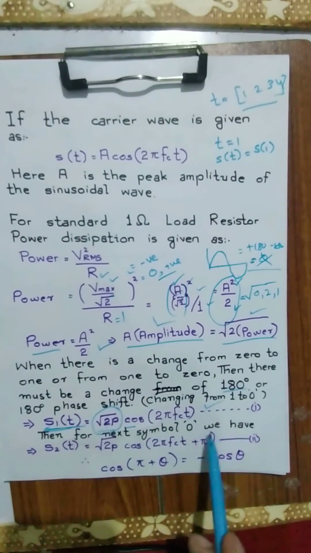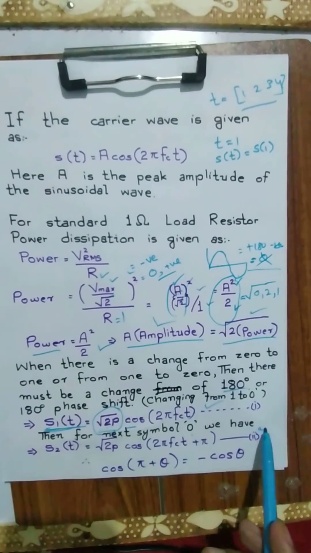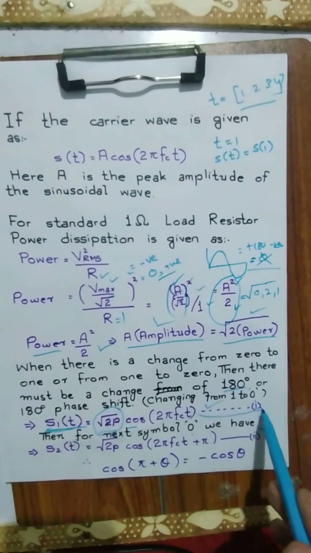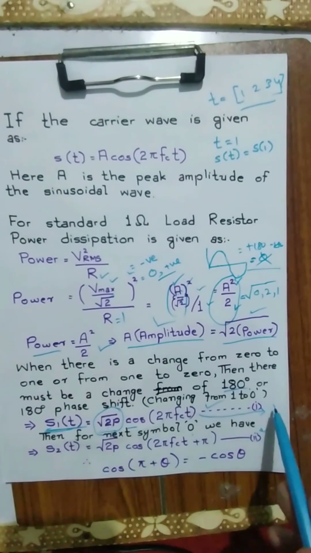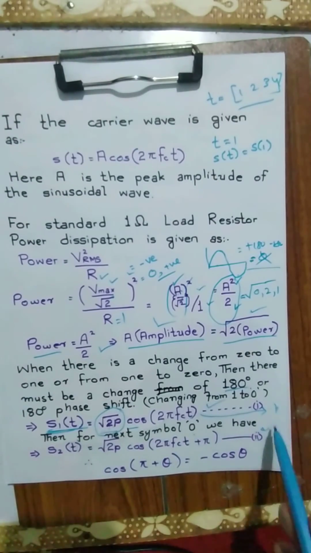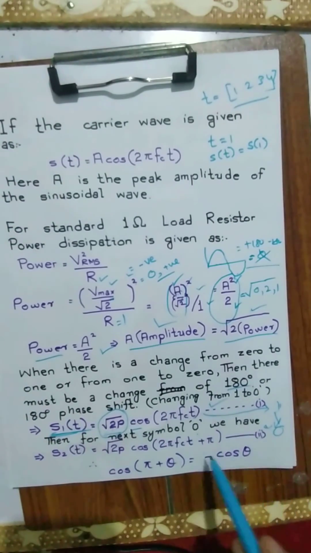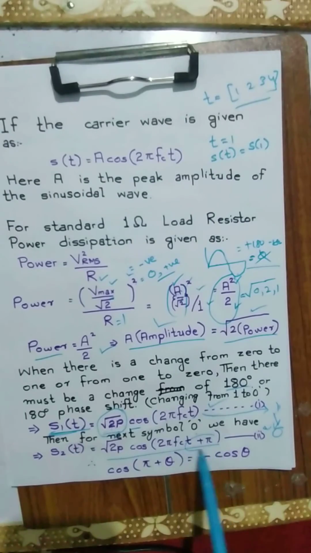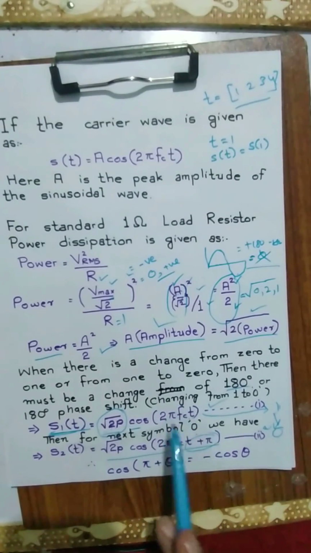Then for the next signal, 0, we know that if this is for 1, then when it goes from 1 to 0, what will happen?